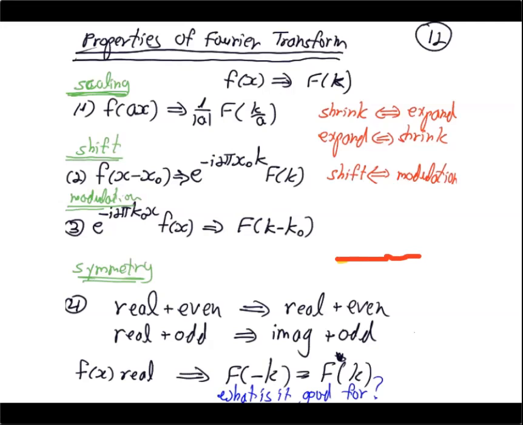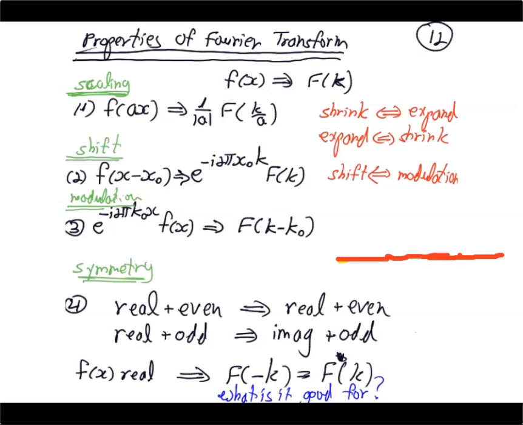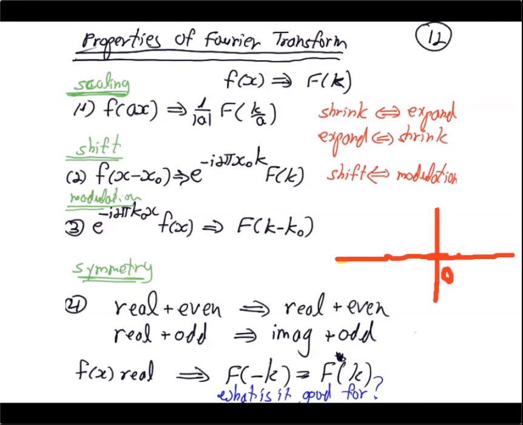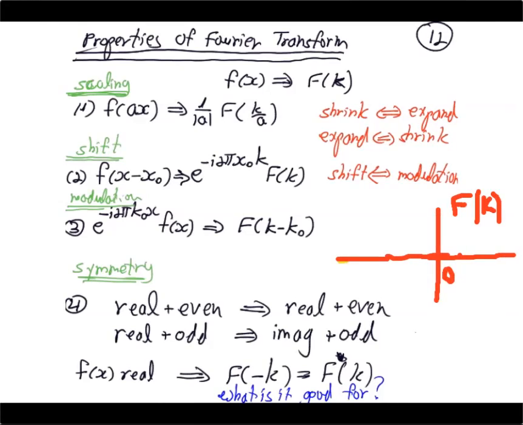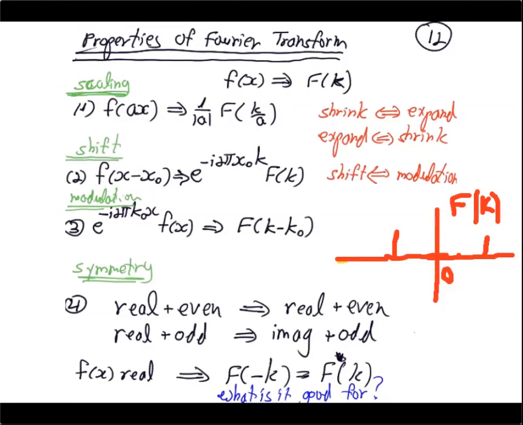Okay, so if I have the axis, and this is k equals 0, and I have some real function, and this is capital F of k, the Fourier transform, then the value of the function here and the value at the negative frequency, the negative and positive frequency, are just going to be conjugates of each other.